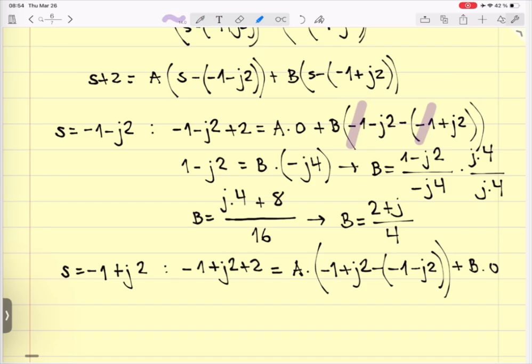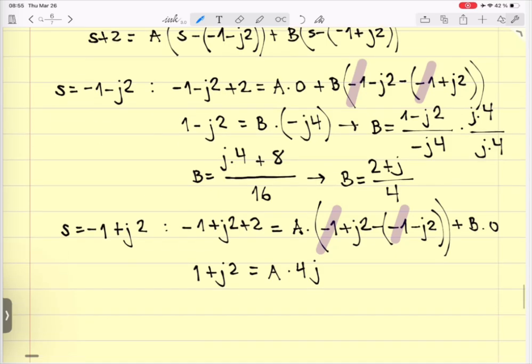Here again, minus 1 goes with this one. So it turns out that 1 plus j times 2 equals a multiplied by 4 times j. So as a result, a equals (1 plus j times 2) divided by j times 4, multiplied by the complex conjugate up and down.